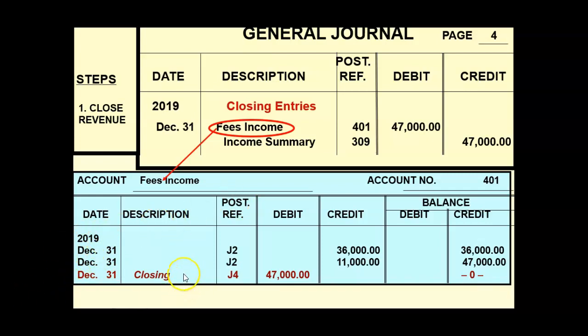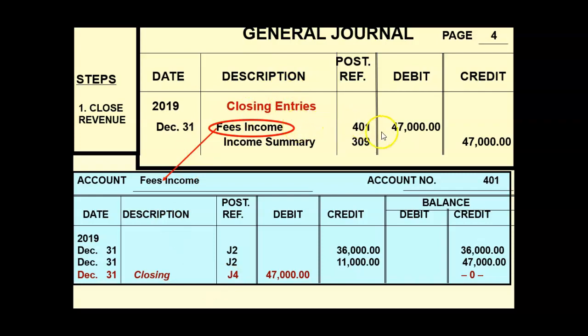Step 1.5, we write the word closing in the description column of our fees income ledger account. Next, your post reference is the journal page number. This says page 4, so we put in J4 as our post reference to identify where the information is coming from.